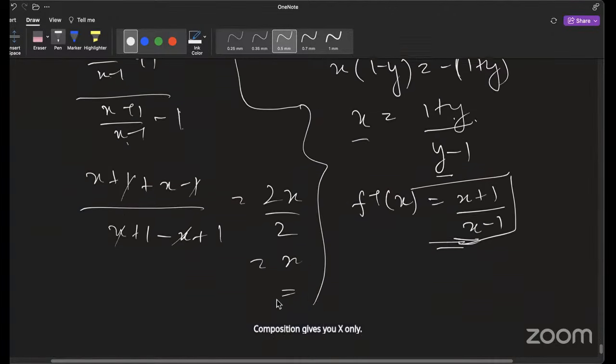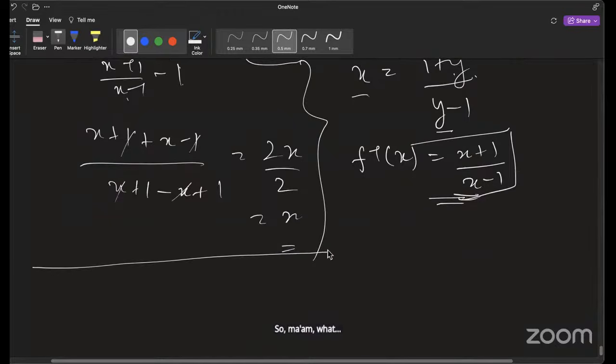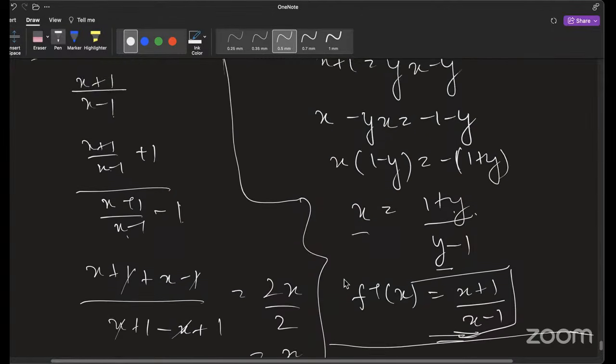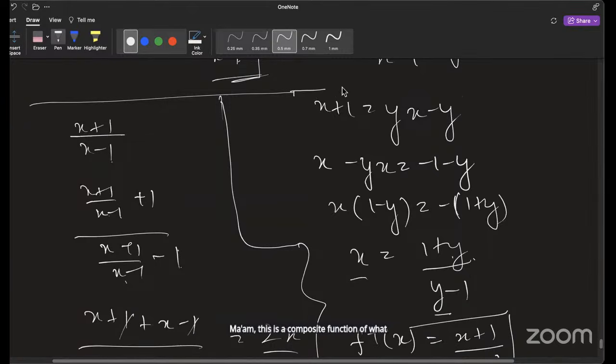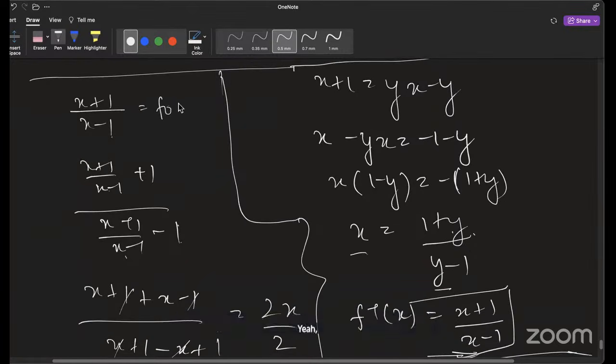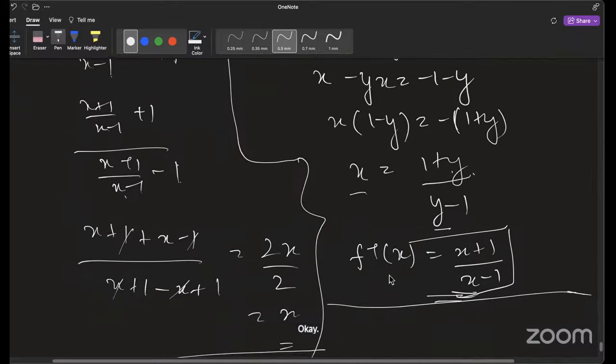Ma'am, where do we put this value, x plus 1 upon x minus 1, in the function of x? Ma'am, this is a composite function of what? Is it the function f of f we found here? Yeah, this is f of f, because your f inverse is f only.